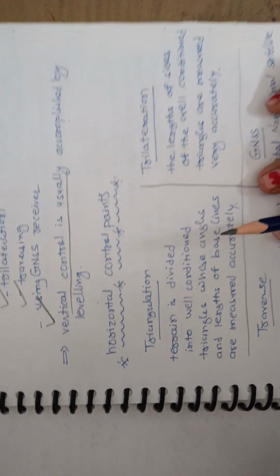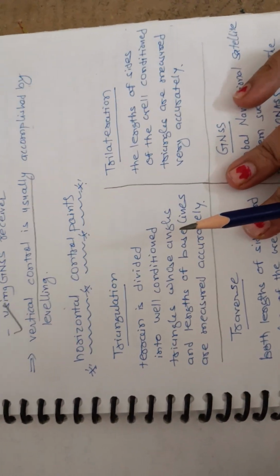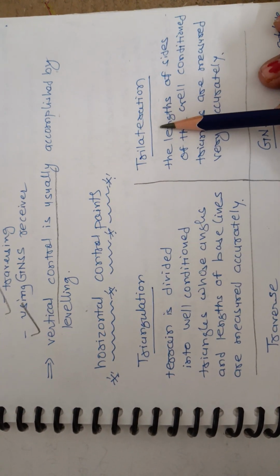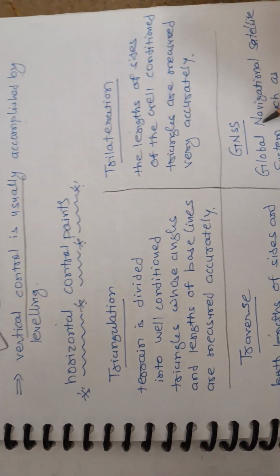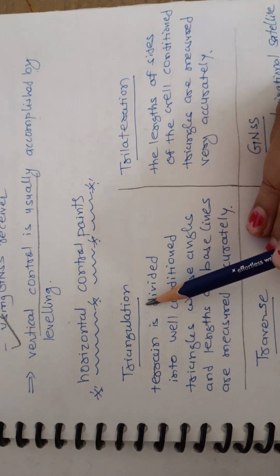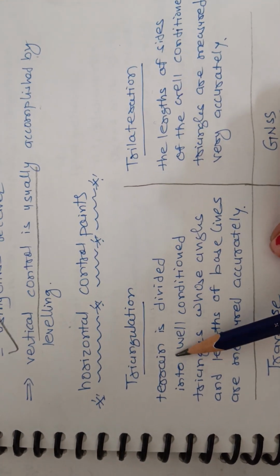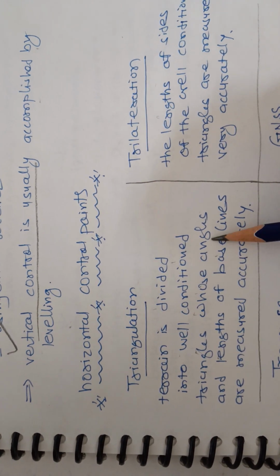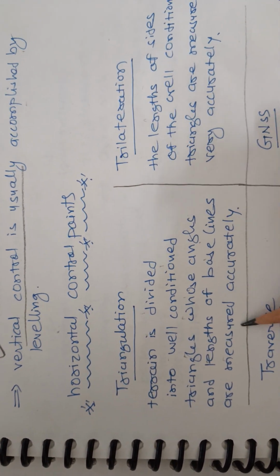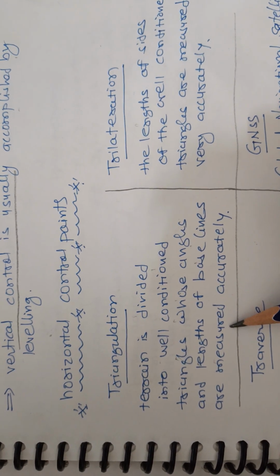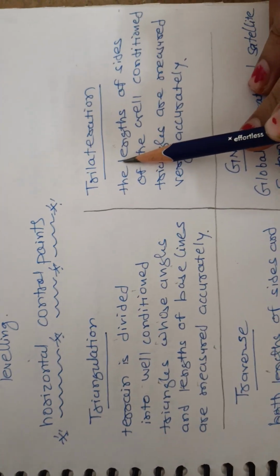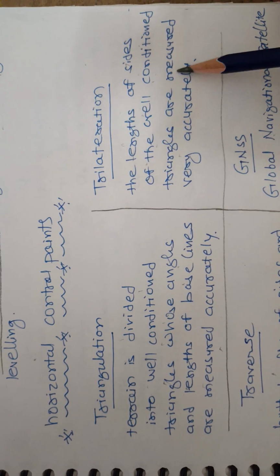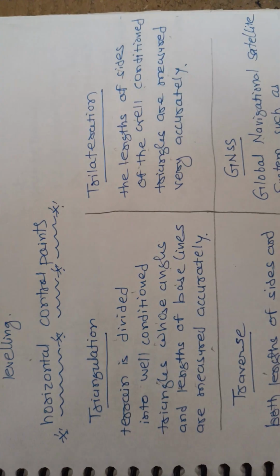So let's get some deeper definitions of triangulation, trilateration, traverse, and GNSS. In triangulation, the terrain is divided into well-conditioned triangles whose angles and lengths of baselines are measured accurately. In trilateration, the lengths of sides of the well-conditioned triangles are measured very accurately.